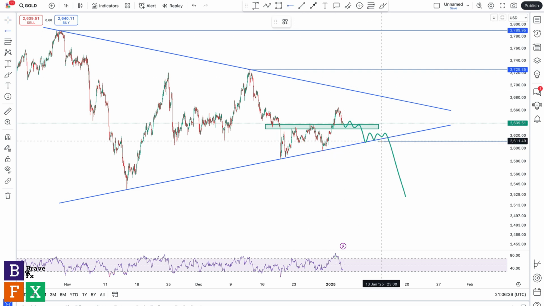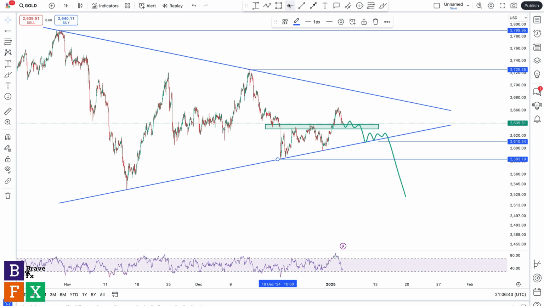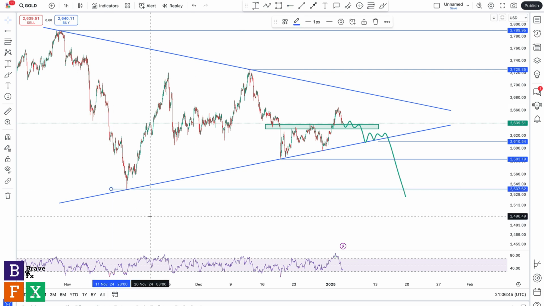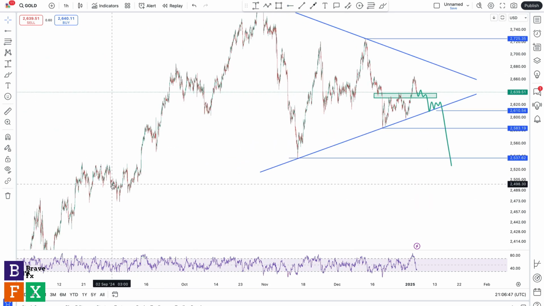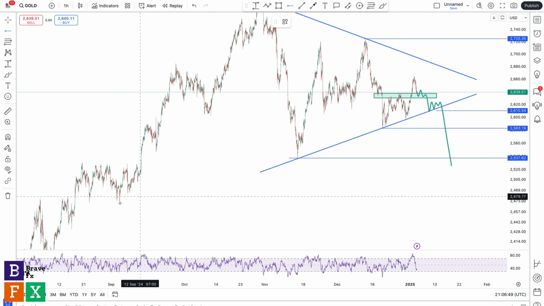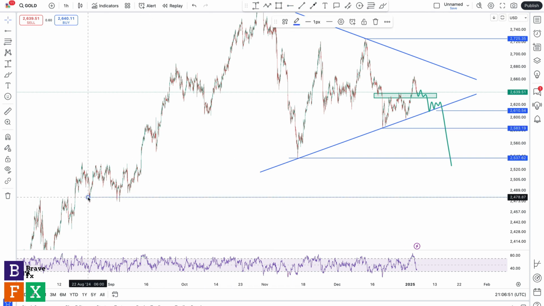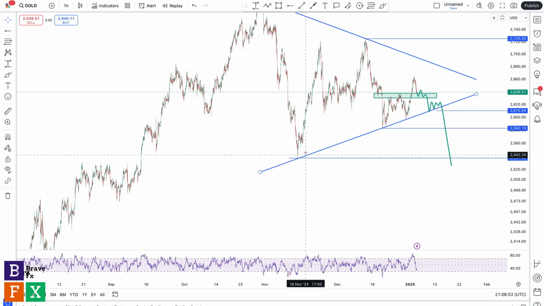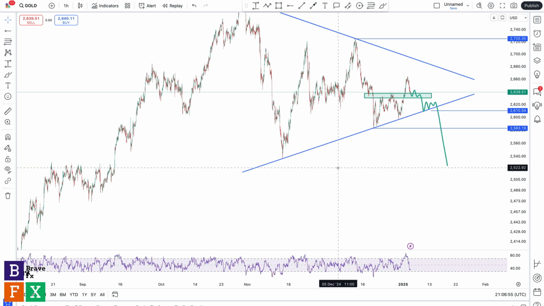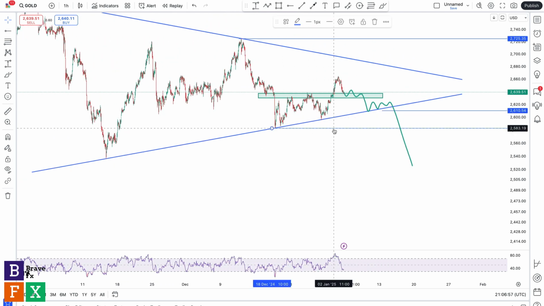My entry around the breakout, first take profit target is going to be around this price level, second one is going to be around this price level, then I'm going to trail the rest of my positions as we go lower. Possibly the next major take profit target is going to be around this area of support. This is how I'm going to trade gold in a bearish case scenario, right?